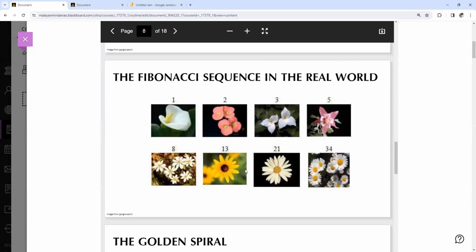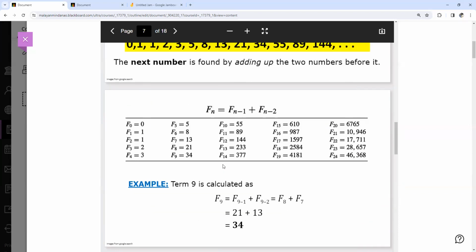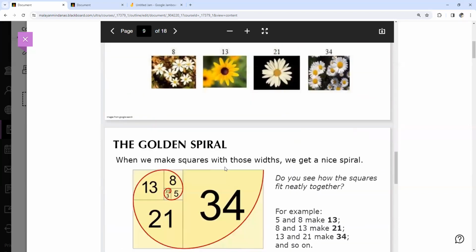And what's fascinating about it is you can see it in the real world. No? For example, the number of petals in a flower seem to follow the Fibonacci sequence. The number of petals in a flower only seem to be numbers in the Fibonacci sequence.